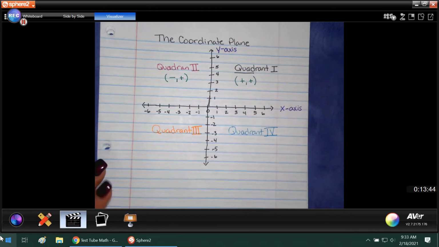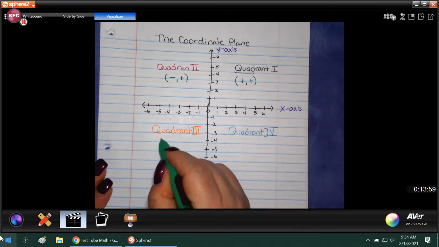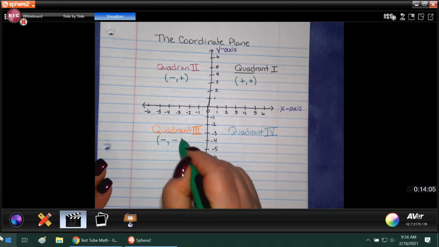Now let's take a look at quadrant 3. If I were to plot numbers in here, I can see because I'm going left and then down, my numbers are all negative. So I have a negative coordinate and a negative coordinate.